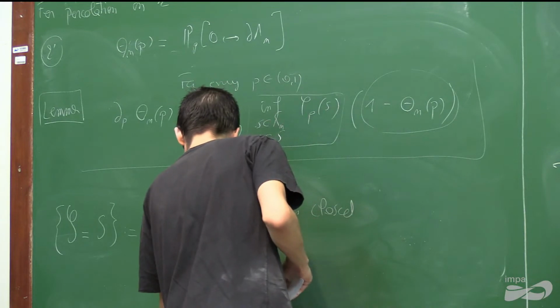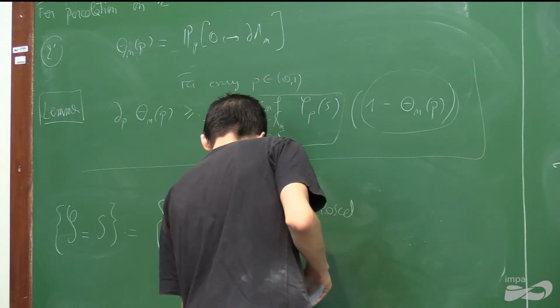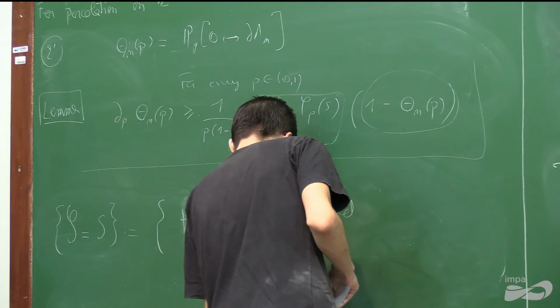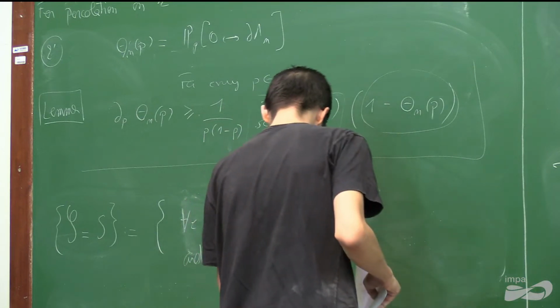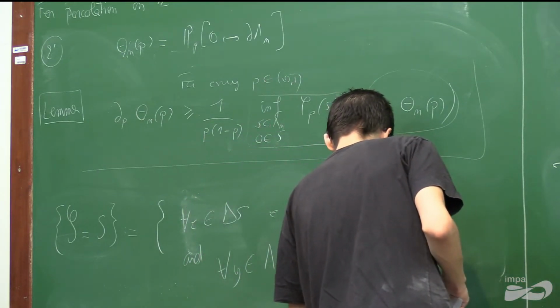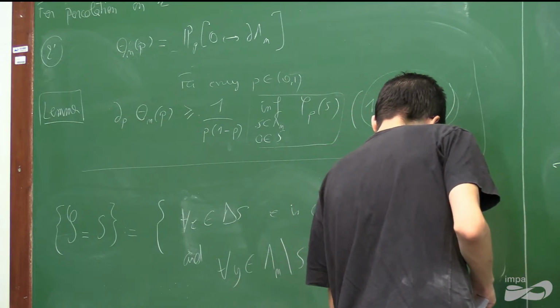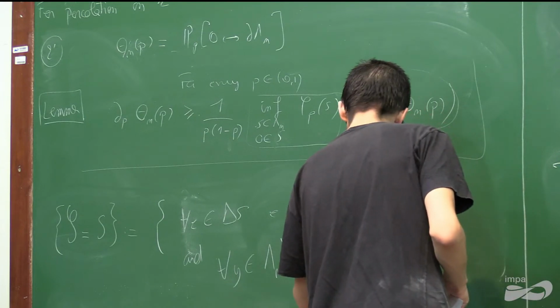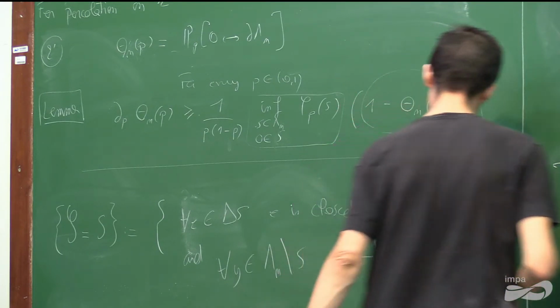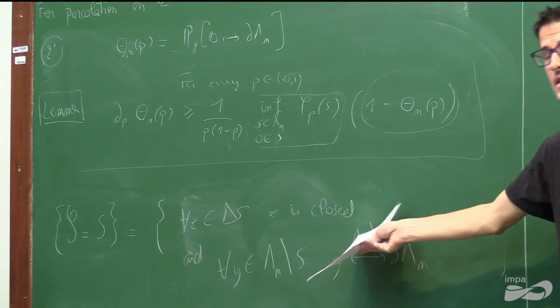And for all Y in lambda n minus S, Y is connected to the boundary of the box using paths entirely in the complement.